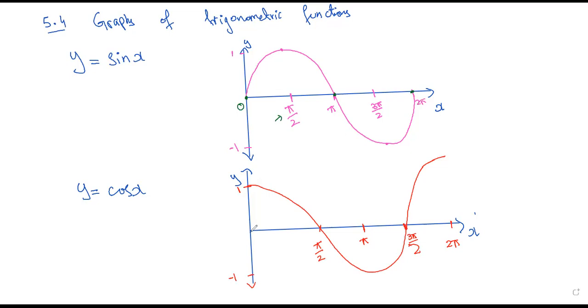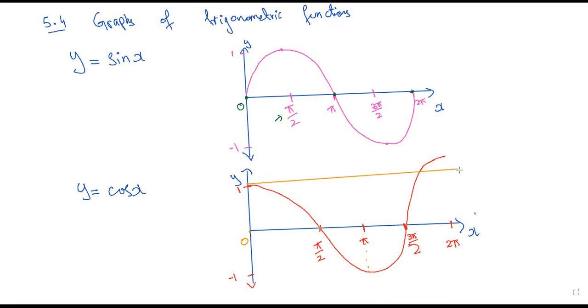For cos 0, because x is 0 here, the value of the function would be 1. For cos pi by 2, the value of the function would be 0. For cos pi, the value of the function would be minus 1. For cos 3 pi by 2, it would be 0. For cos 2 pi, it would be 1 again. They are basically at the same level.